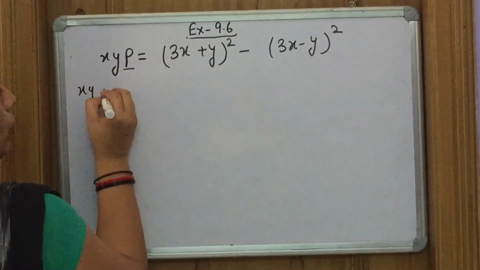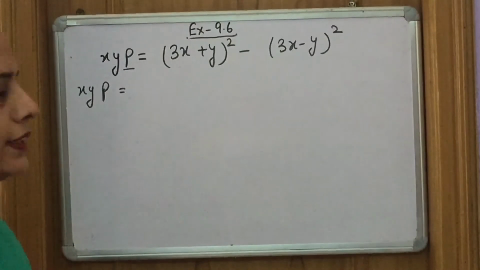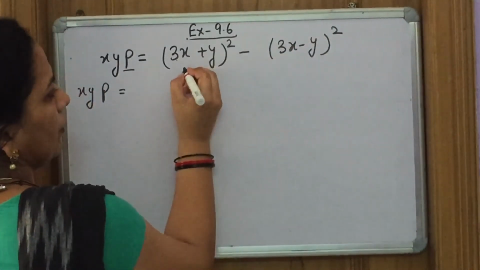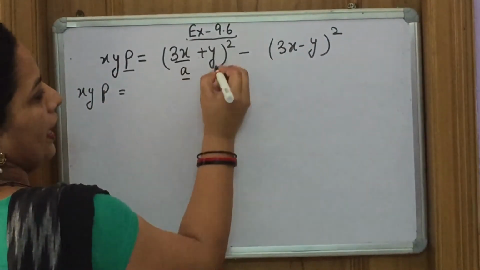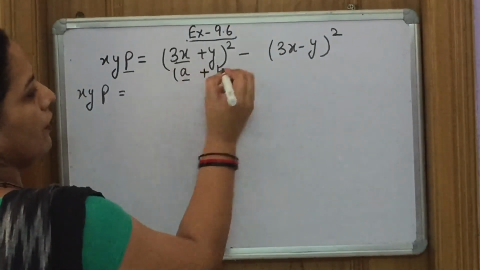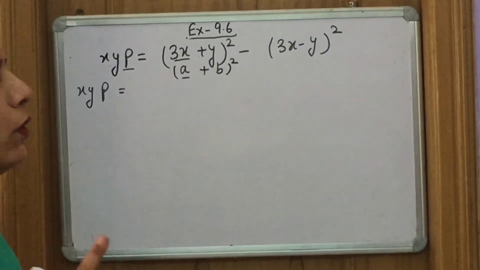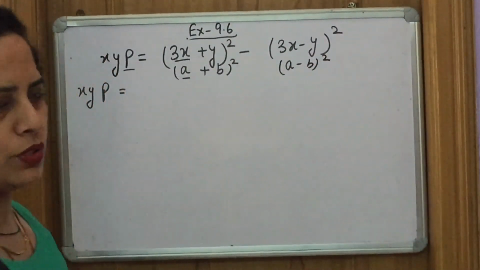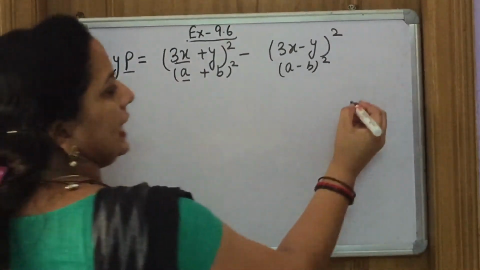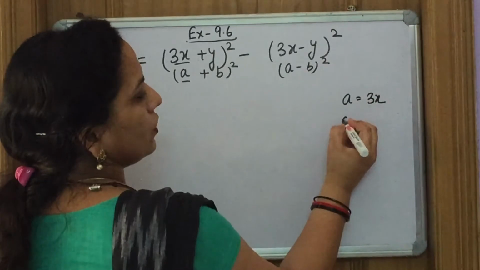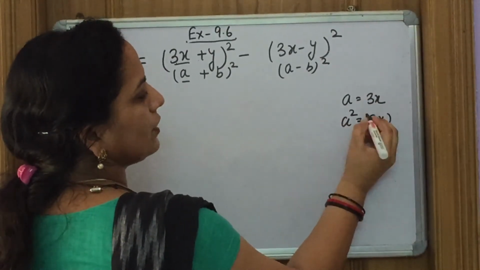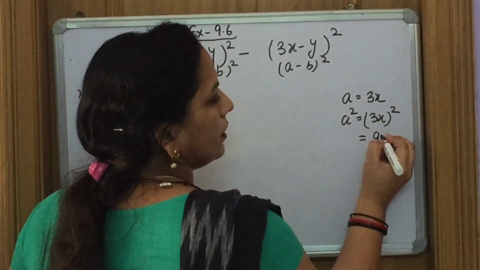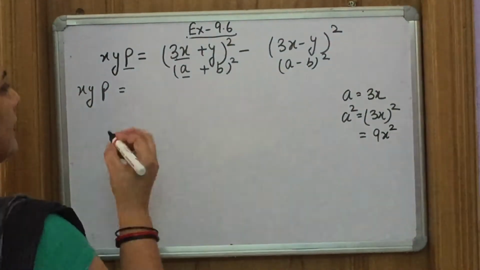For this, the calculation will be, as we know, the identities of (a plus b) whole square and (a minus b) whole square. We can consider 3x as a and y as b. So here we will use the identity of (a plus b) whole square, and in the second term the identity of (a minus b) whole square. When we do a square, as a is 3x, so a square will be (3x) square, and 3 square is 9, so 9x square. So let's start the question.